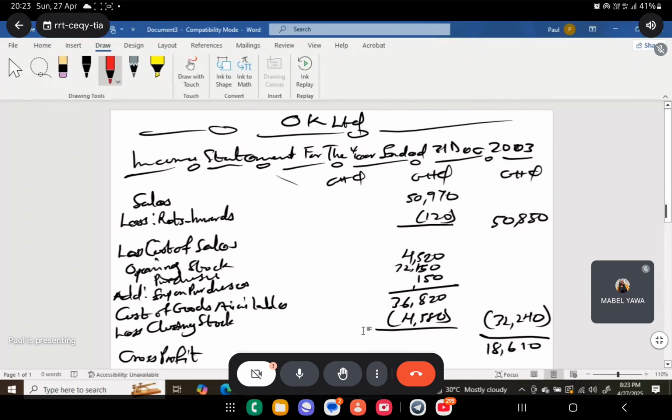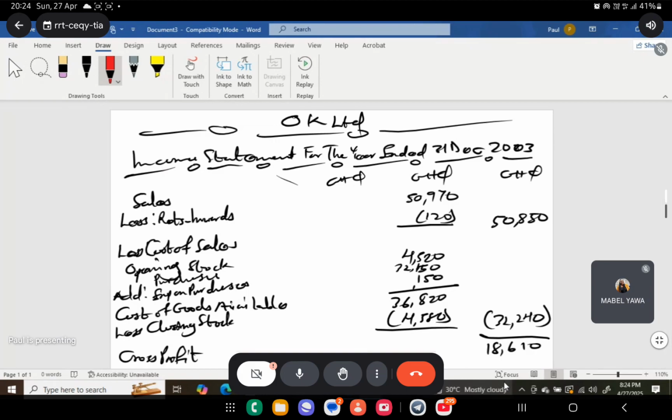That's the stock that is remaining, so it is part of our current assets. That closing inventory will be used next year. By the going concern concept, the business will continue to exist for the foreseeable future, so they will not throw the closing inventory away. They will use it next year, and since they have it, they include it as a current asset.